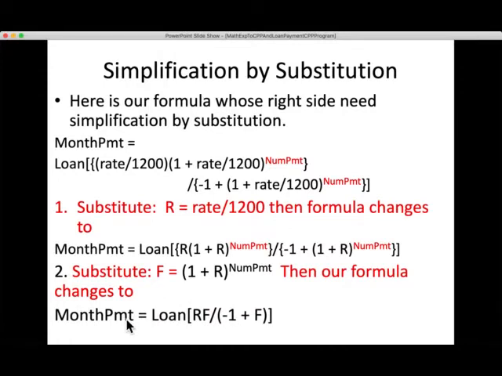Month PMT equals loan into R into f divided by minus 1 plus f. Okay, so we got rid of the curly braces. We no longer need them because this became R, this became f. So that's good enough. Numerator becomes R into f, and we just change this curly brace to parentheses, minus 1 plus f. It's still not C++ form. We're going to do that in a minute.